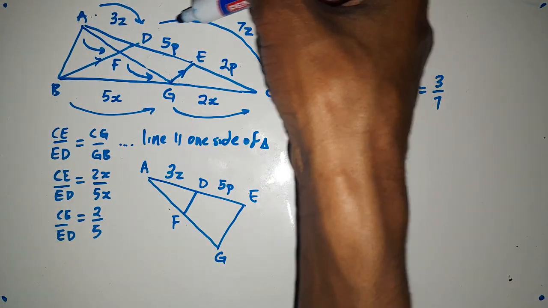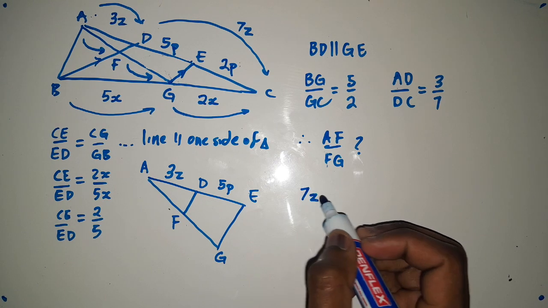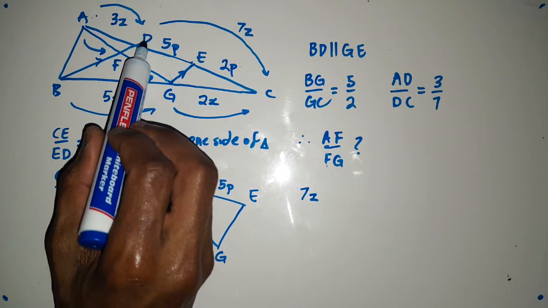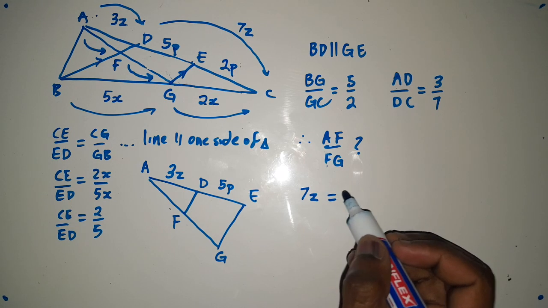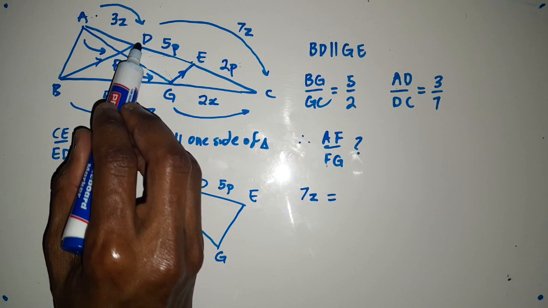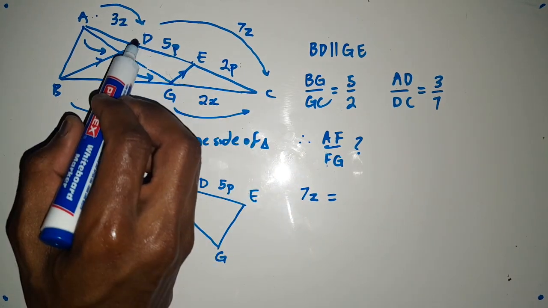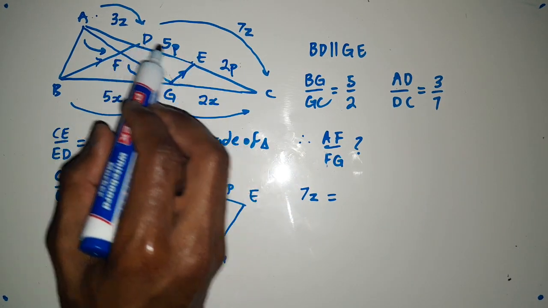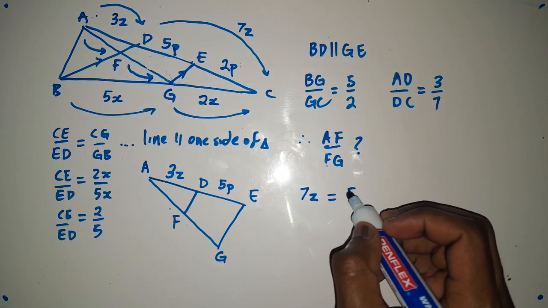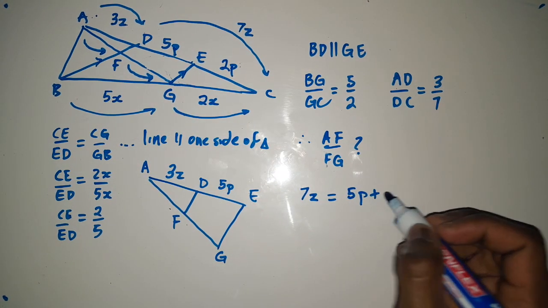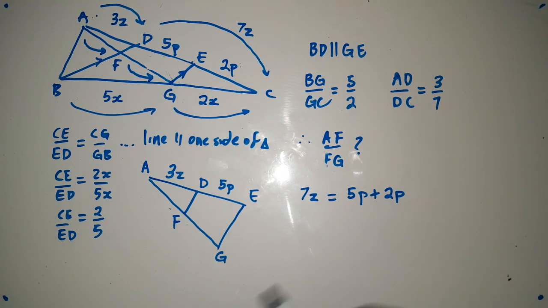We can take 7z, from D to C, which is 7z, then equate it to 5p plus 2p. You see, the whole length in terms of p is 5p plus 2p.